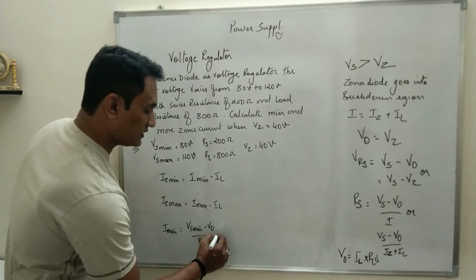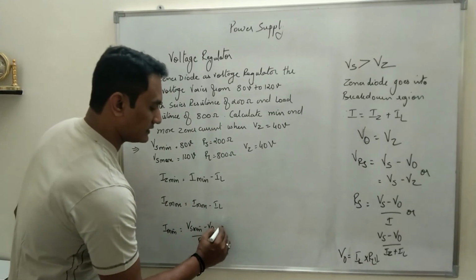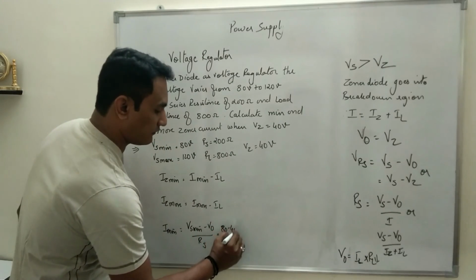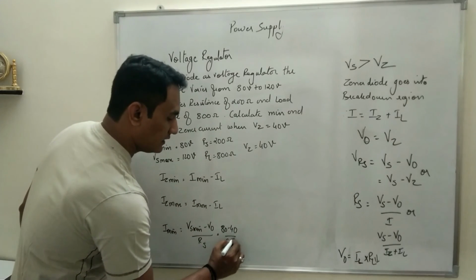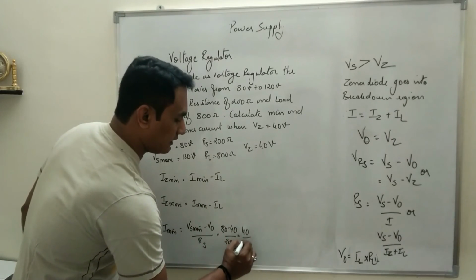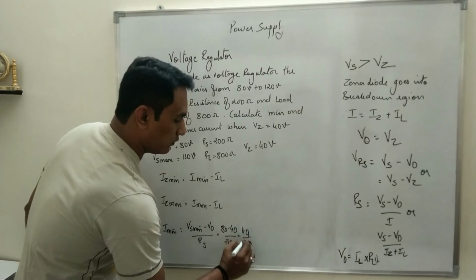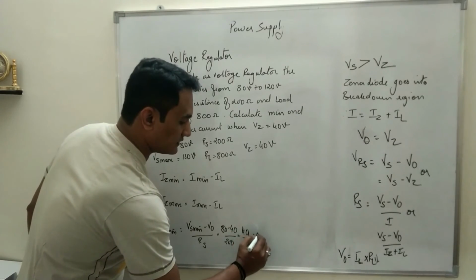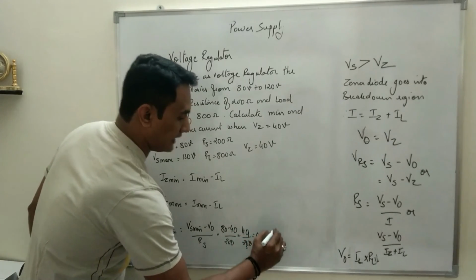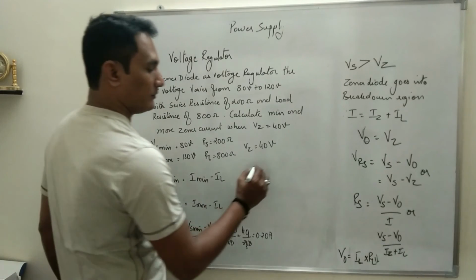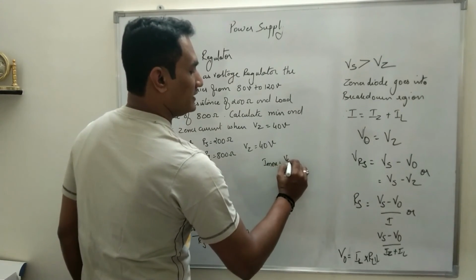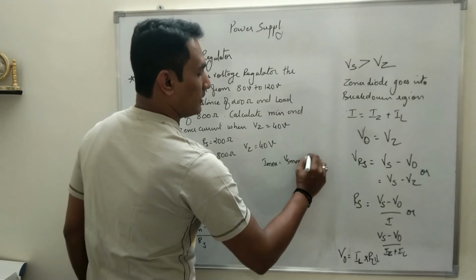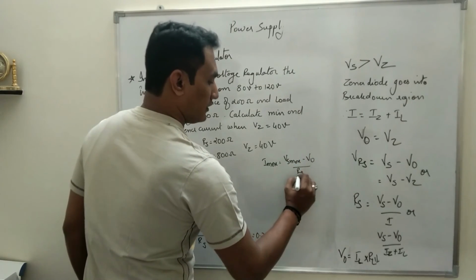So if you substitute this value, what is Vs minimum? That is 80 minus 40 divided by the value of Rs, that is 200. So this is 40 upon 200, 1 upon 5, that is 0.20 amperes. This is I minimum. Next is I max. What is I max? Vs maximum minus V0 upon Rs.